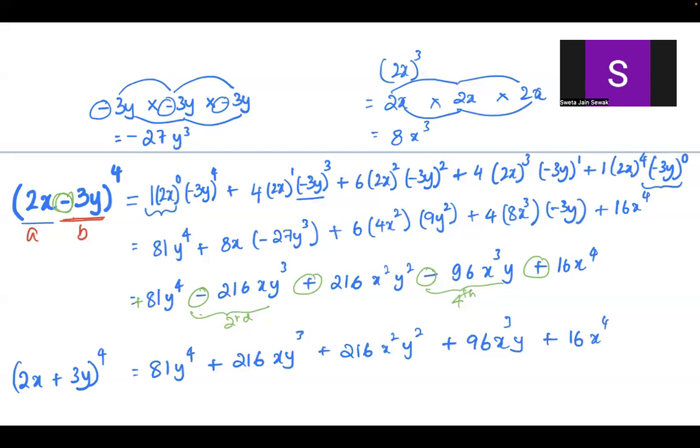However, when we have plus in the middle, all of our terms are just positive. Again, I repeat, in this case, alternate terms are negative. So we start with a positive, negative, positive, negative, positive. But when the sign in between is positive, then all of our terms are positive.